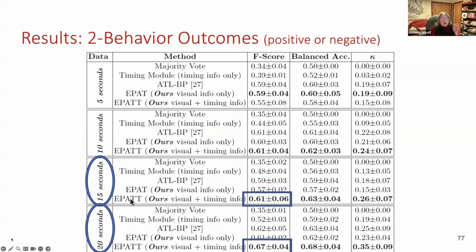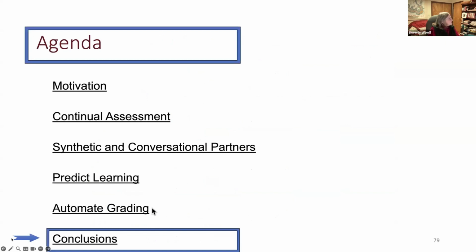EPAT is just the name of our system, which does this visual and timing information. But the longer you wait, the more log information you have. So the visual information comes immediately, but the log information takes more time. And that's why you get better results down here. But these are pretty good F scores, in other words, very close to actual prediction. So we are pretty much done.